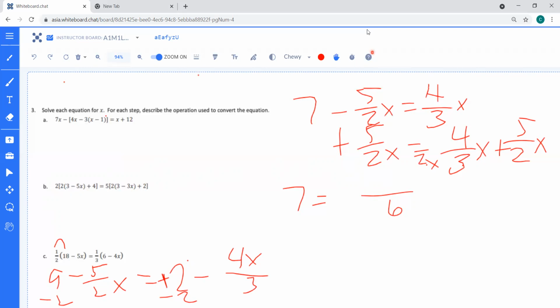So 4 times 2 is 8x plus 2 times 3 is 6, so 3 times 5 is 15 over 6x. 7 is equal to 23 over 6x.